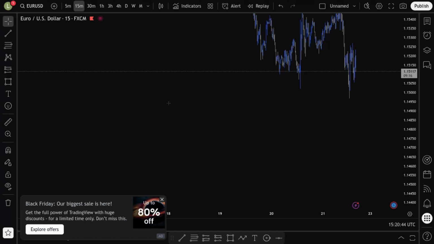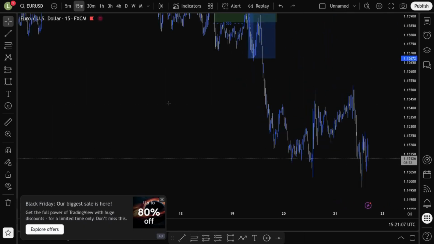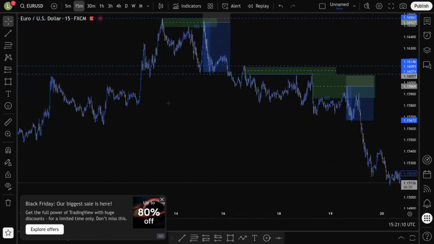Then after that, you now want to mark out the liquidity region. You want to mark out where you feel many traders' SLs are. You want to see price make a first low and make a second low, or make a third low. You want to be able to mark out, okay, yes, this should be my safe area, like what I did here.